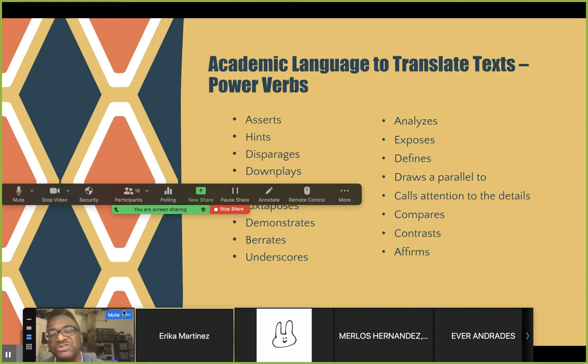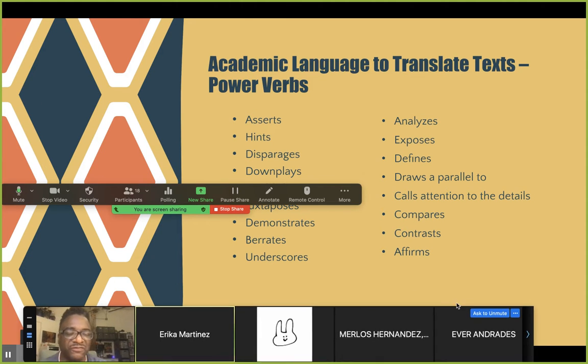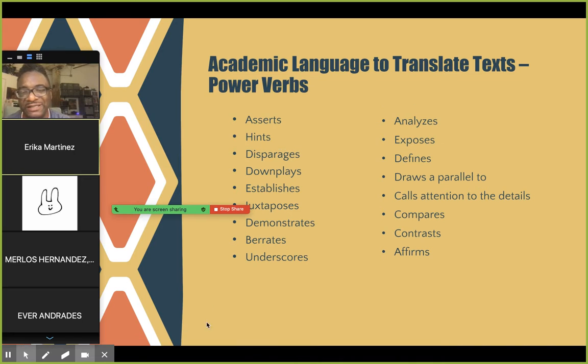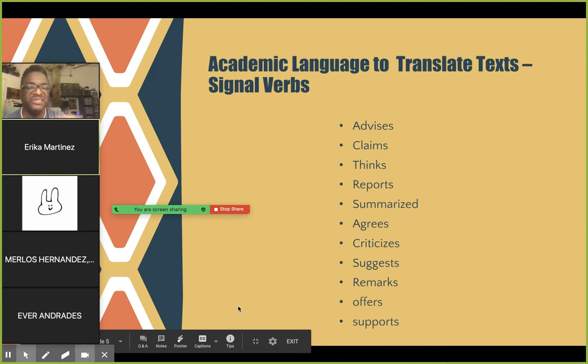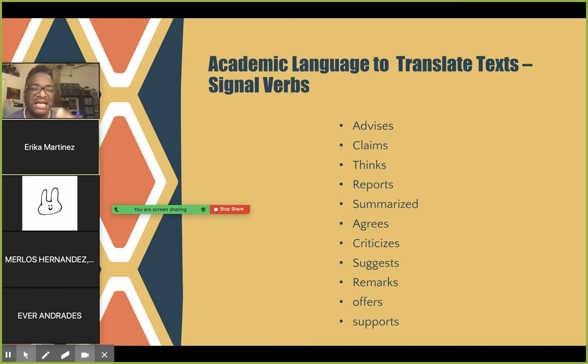Because what I'm going to ask you to do is to use some power verbs today in your writing. Now, look here. This is almost the same thing. These are some of those signal verbs. I tried to pick the ones that I knew were the easiest that you would understand. I want to see you try to use them. You could say that, the text advises, it claims. Okay.